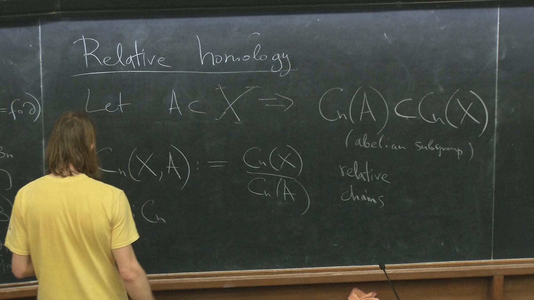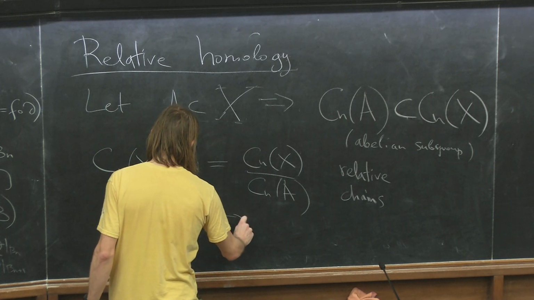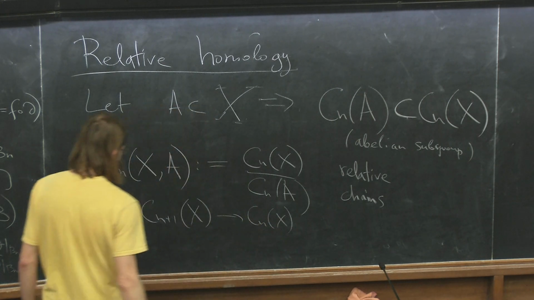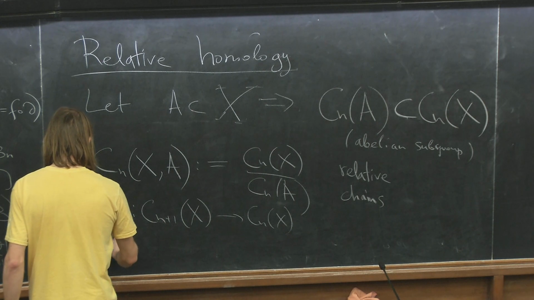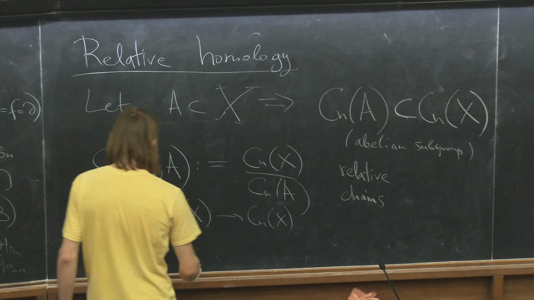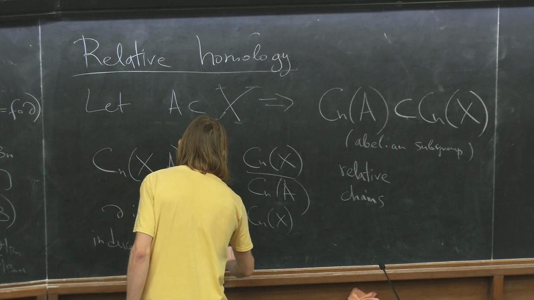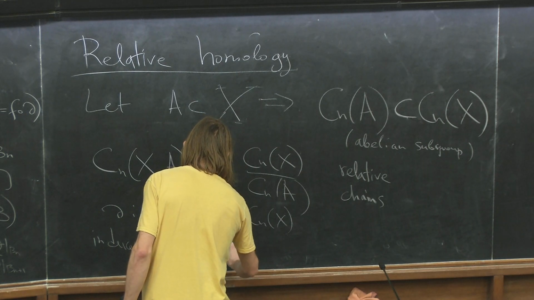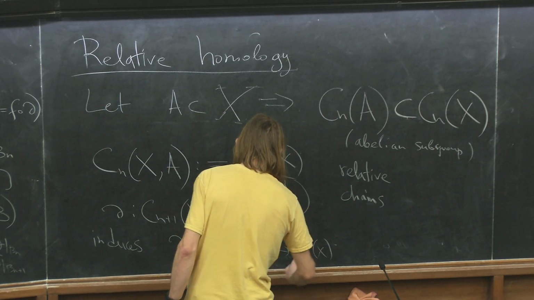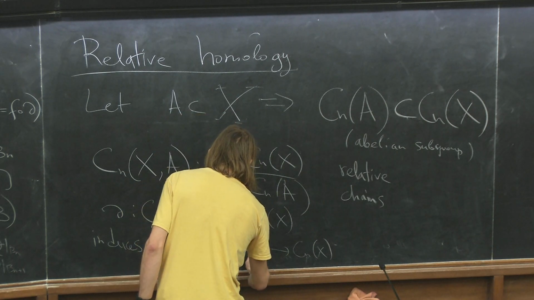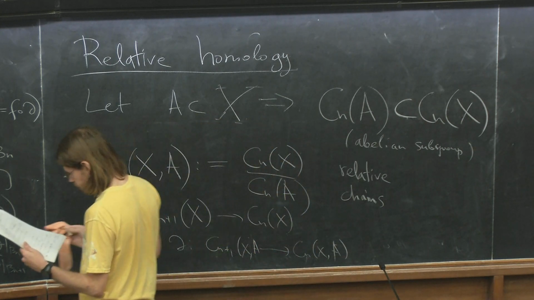Okay, so what about the boundary homomorphism? We had a boundary homomorphism from Cn plus 1 of X to Cn of X, and it's not difficult to see that it induces a boundary homomorphism on these quotients. How do we see this explicitly?